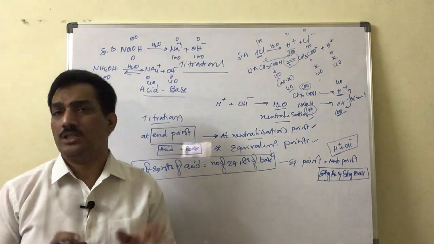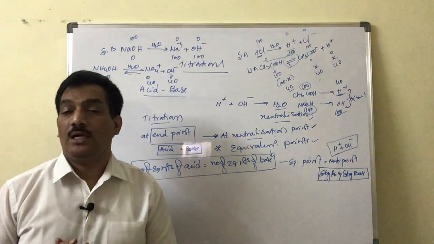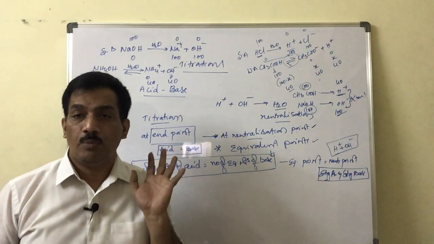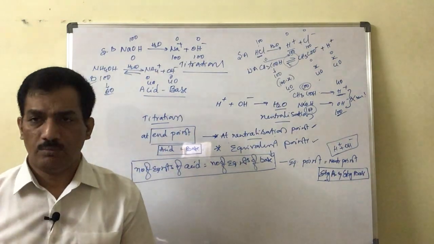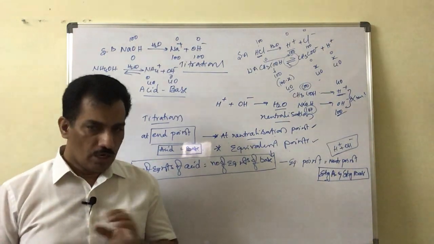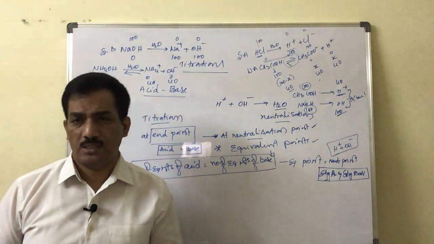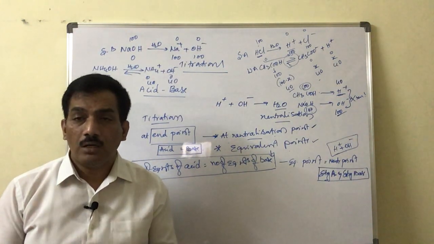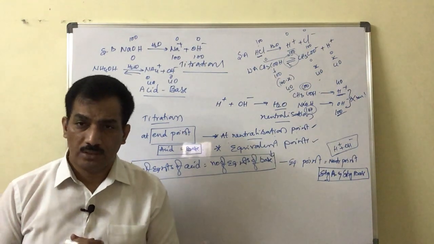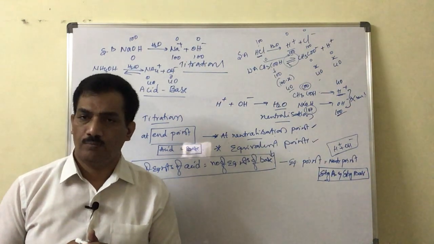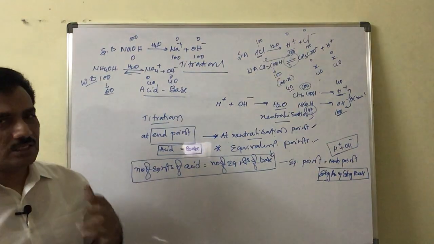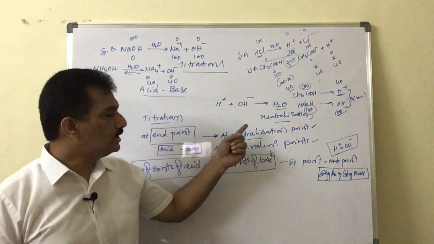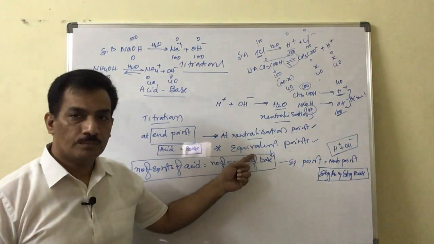No doubt, it is the equivalent point, but it is not the end point and it is not the neutralization point, because even though the number of equivalent weights of acid and base are equal, they are not releasing the total H plus or OH minus for complete neutralization. That's why, in the case of weak acid and weak base, we have to see these two separately.